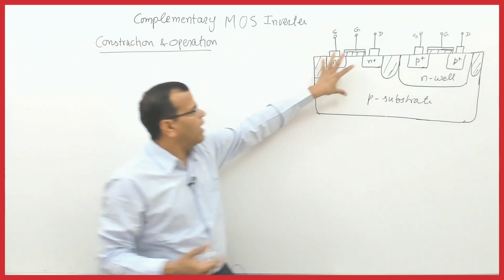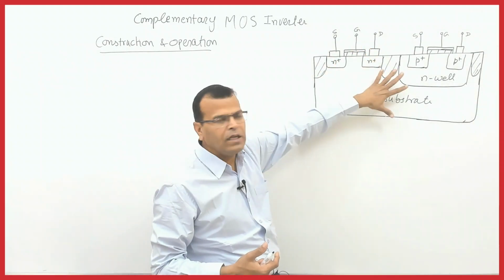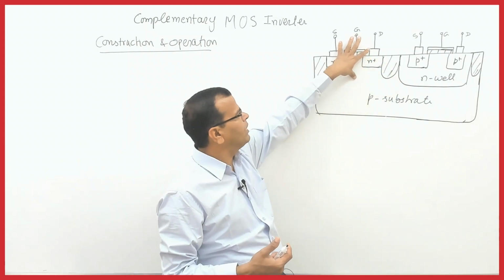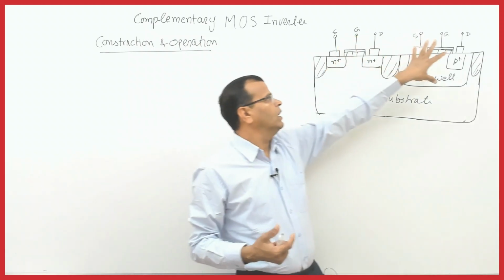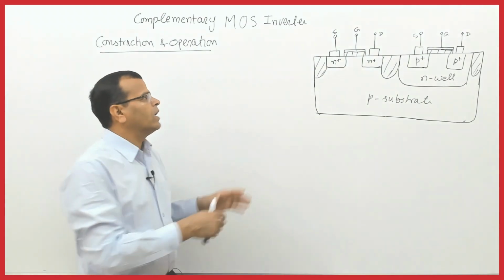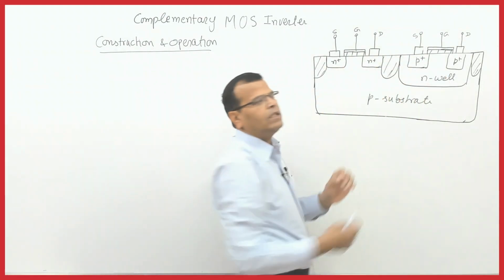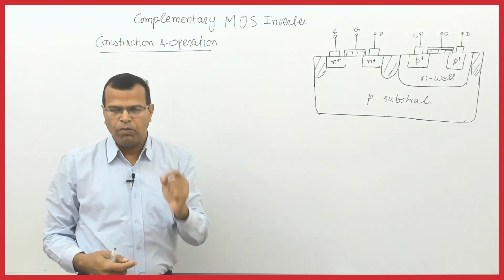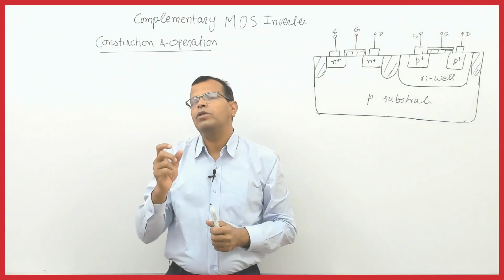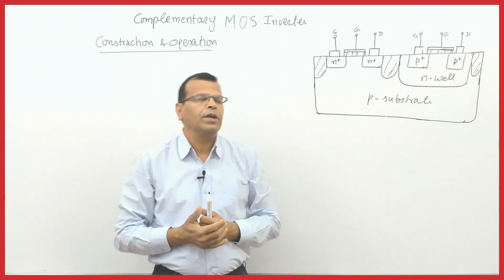So this single chip is known as CMOS. This part of the device is known as NMOS. This part of the device is known as PMOS, and the whole unit is known as complementary MOS. Complementary MOS means the device has both NMOS as well as PMOS.